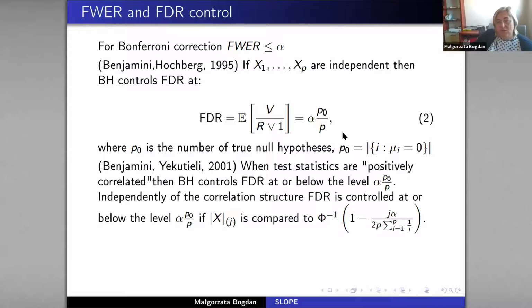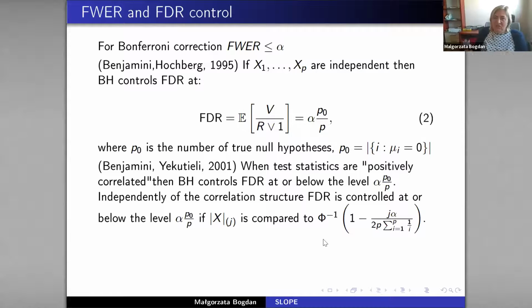And if you have no idea about the structure of correlation between your X's, you can adjust Benjamini-Hochberg in such a way that instead of dividing by 2p, you divide by 2p times the sum, which is like log p. And then you control FDR independently of the structure of correlations.